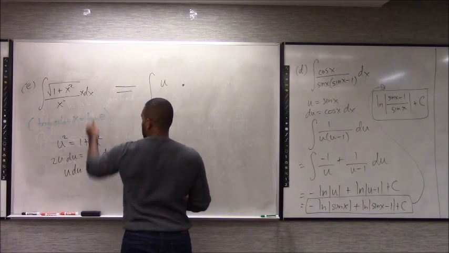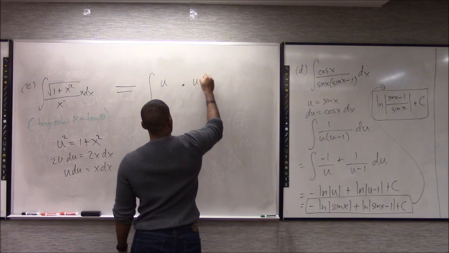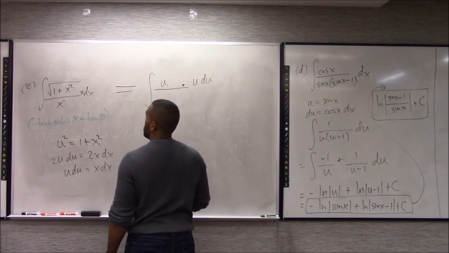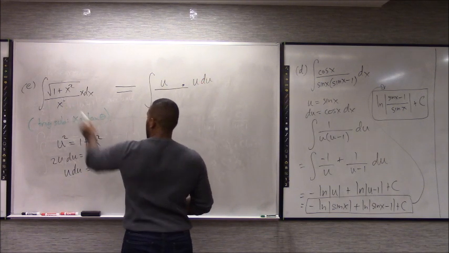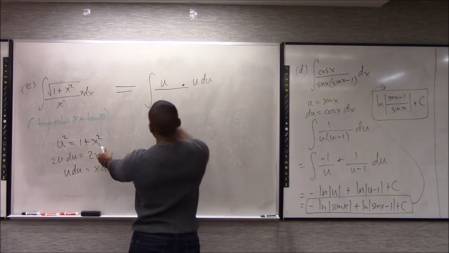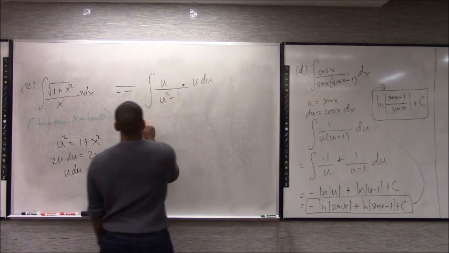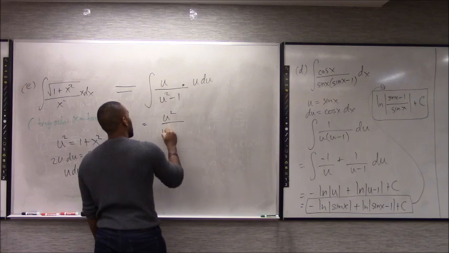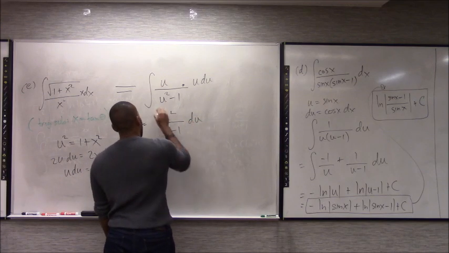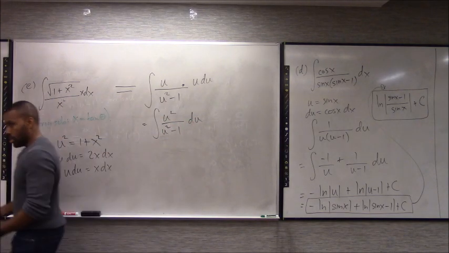The x dx becomes u du. In the denominator, I would have x squared. From here, I can solve for x squared.